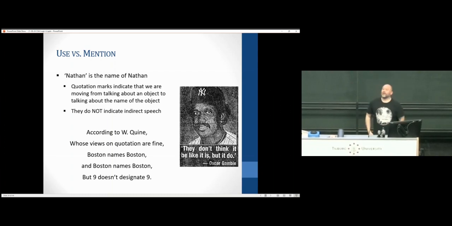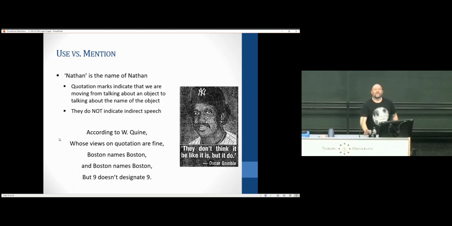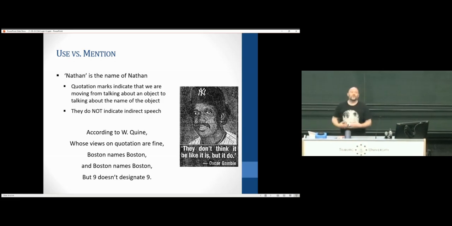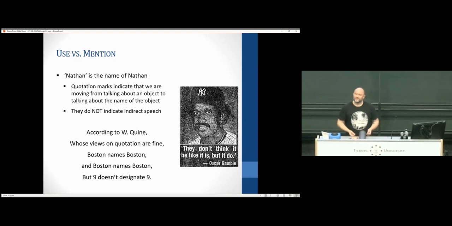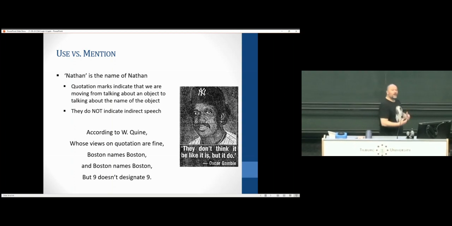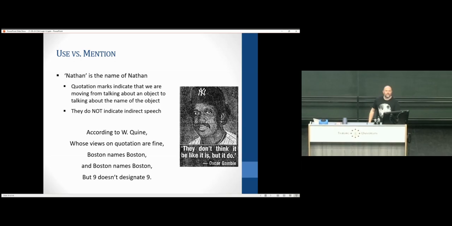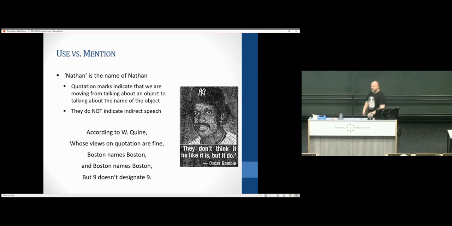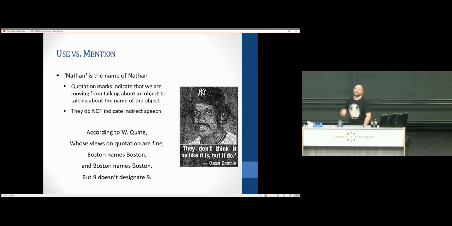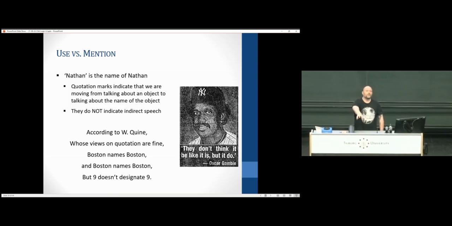If you want to play around, here's a very fun little sort of poem. Think about lots of different ways you could plug in quotation marks to make this true. Not even just grammatical, but actually true. Again, something fun to play around with. But the important thing is, right, when you mention a word, you don't go through it to whatever it refers to or designates.